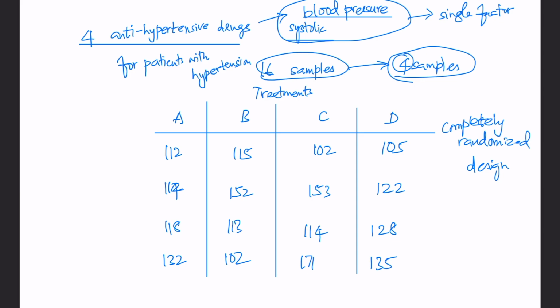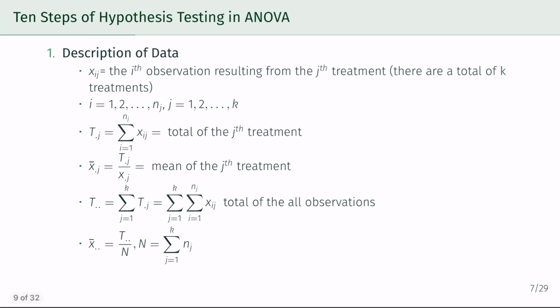So this is an example of a table of how you would do ANOVA using a single factor. We have 10 steps in the hypothesis testing. The first one would be the description of data. Again, remember that these are generic. The first one is Xij, representing the ith observation resulting from the jth treatment.